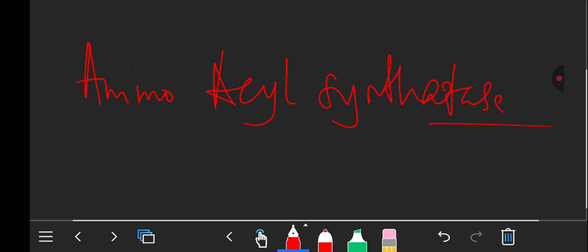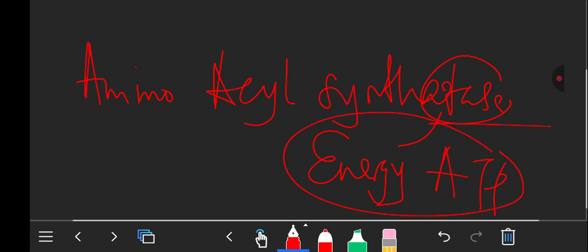You see, when an enzyme has "tase" at the end, it means that this enzyme uses energy, which is ATP. But if it doesn't use energy, it would have been amino acid synthase. So it is very important that we take that point into consideration.